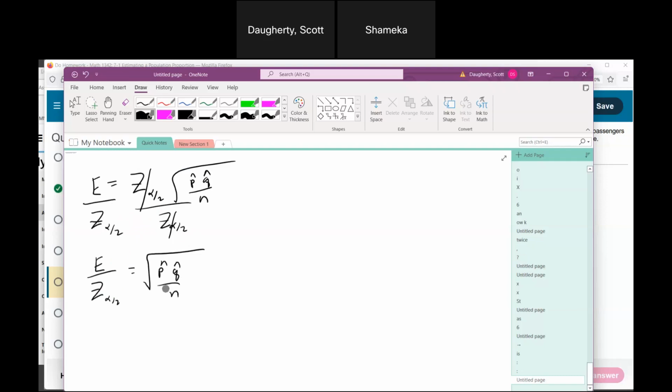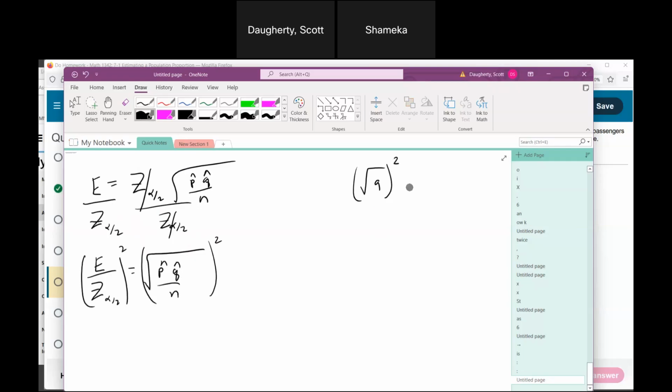And then I'm going to get rid of the square root by squaring both sides. So I'm going to square this side, and I'm going to square this side. If you may remember this, let's say you have the square root of 9, which happens to be 3.